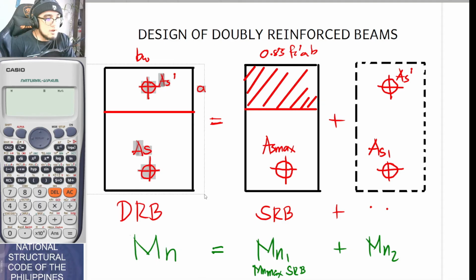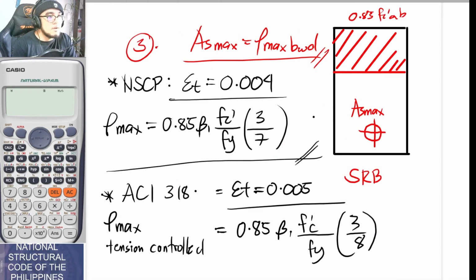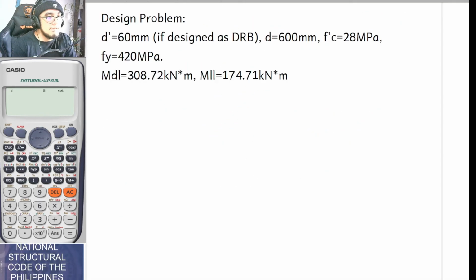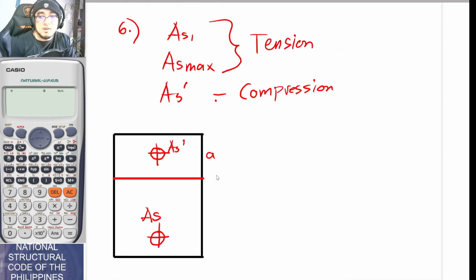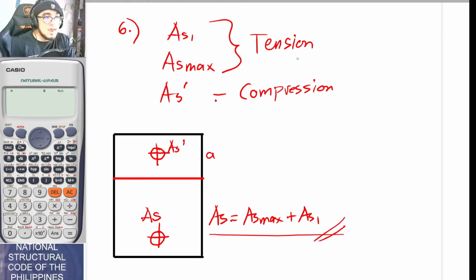So, here it is, collectively. If this is your section already, your As prime is this. So, this is your As prime already. Then, as for your value for As, As is equal to As max plus As1. So, this is for the value of your As.